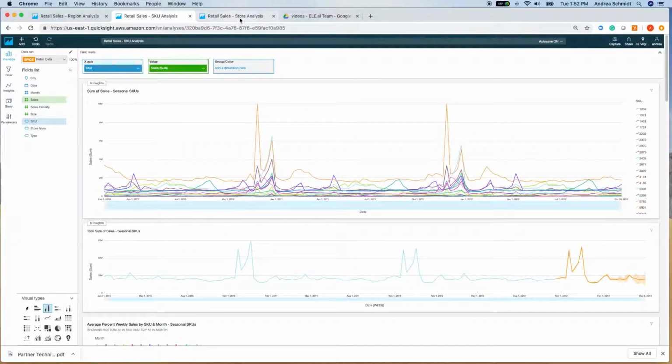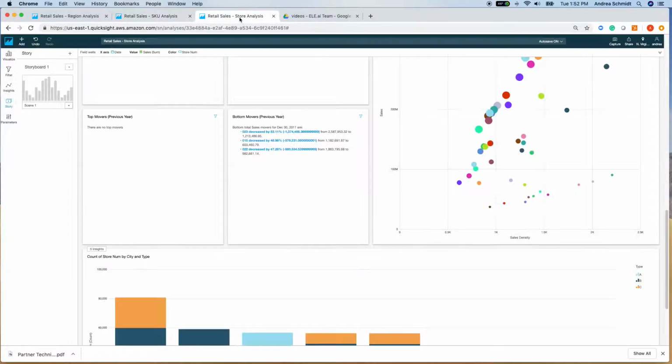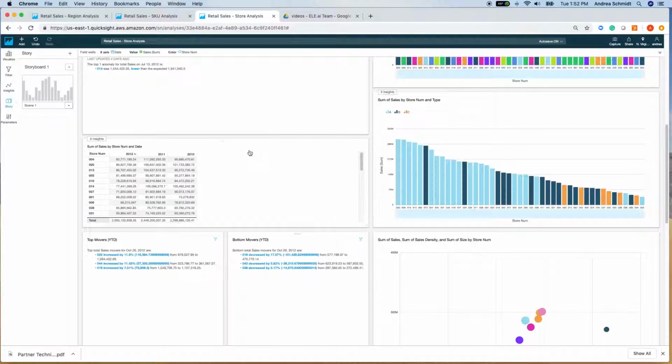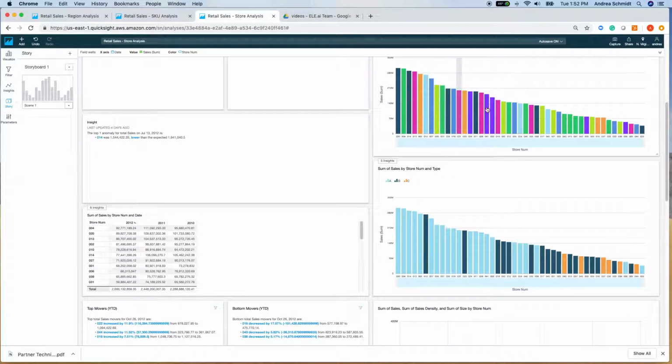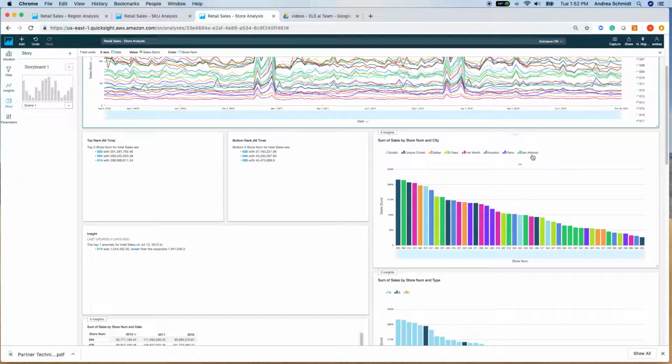If I'm a store manager or a region manager, like if I'm the Texas region, I may be interested in strategizing for all these cities in the different sales and finding out why are some cities overperforming, and compared to why are some not performing well.